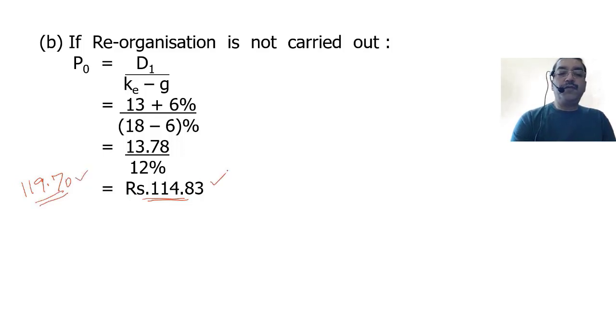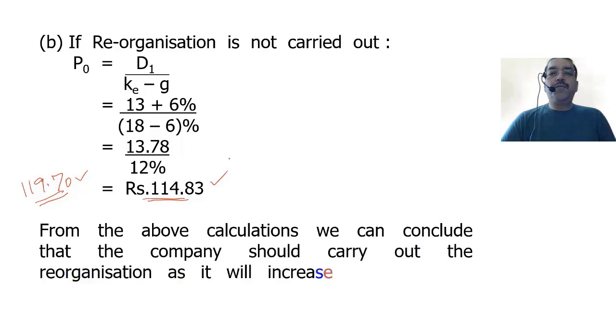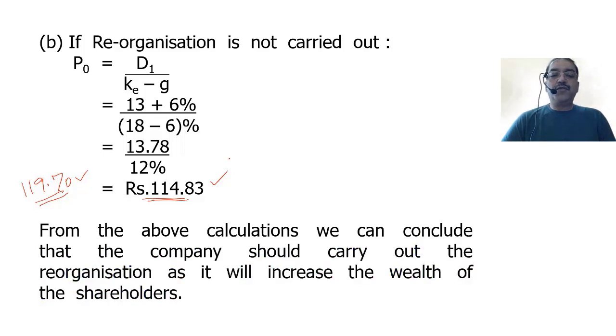These two figures are to be compared. So in case A, I am getting a higher figure than case B. We can conclude that reorganization should be done because that will increase the wealth of the shareholders. So the final answer will be, from the above calculations, we can conclude that the company should carry out the reorganization as it will increase the wealth of the shareholders.